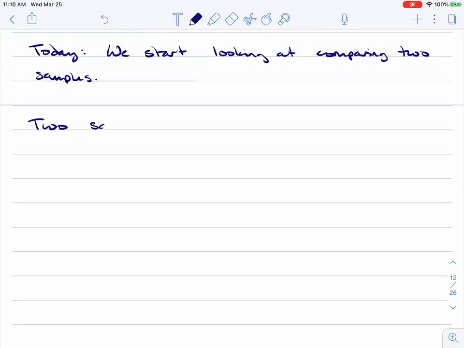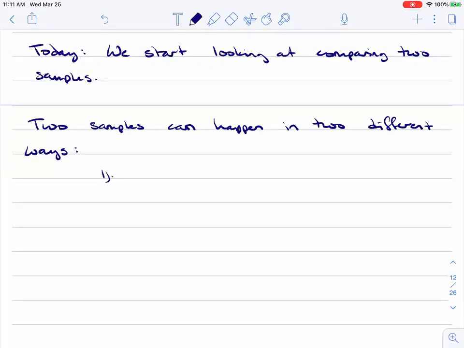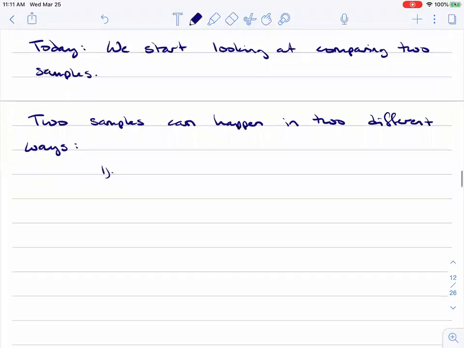Two samples can happen in two different ways. Okay. The first way is if the two samples are paired, right?